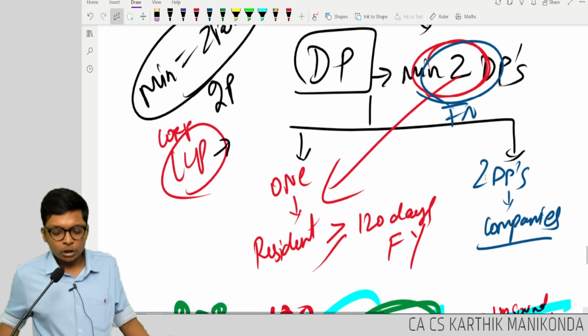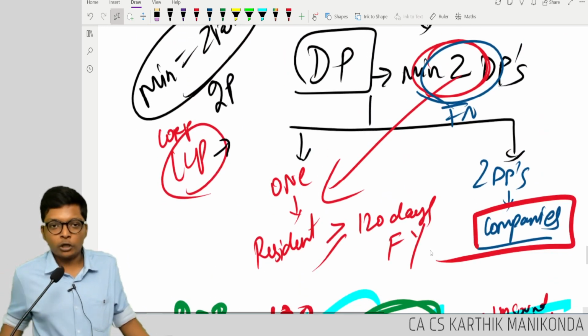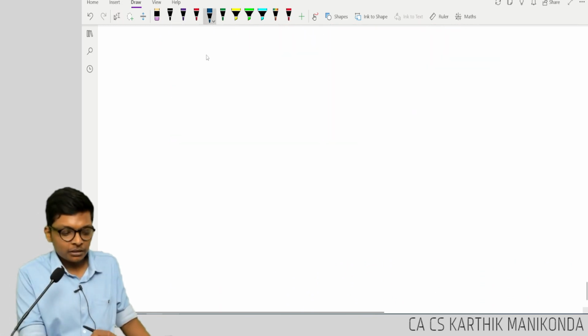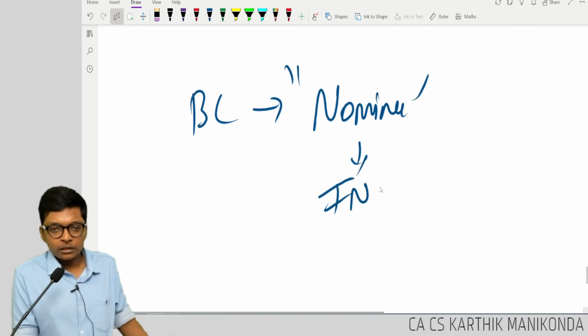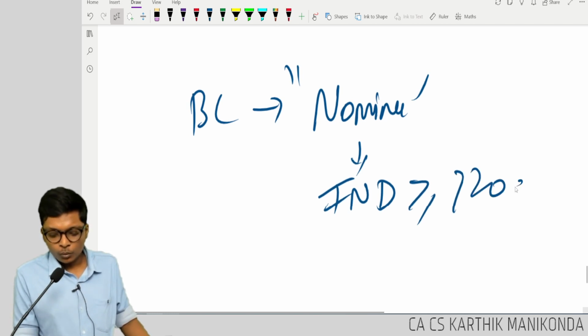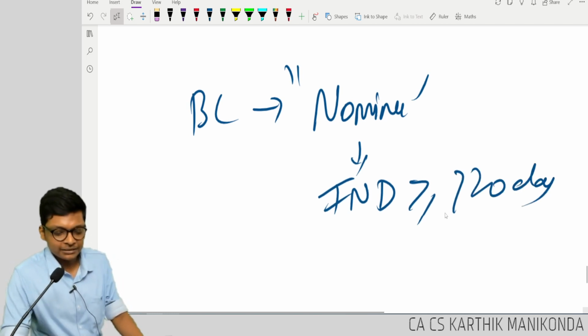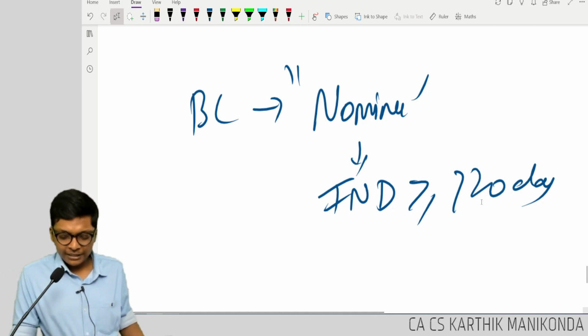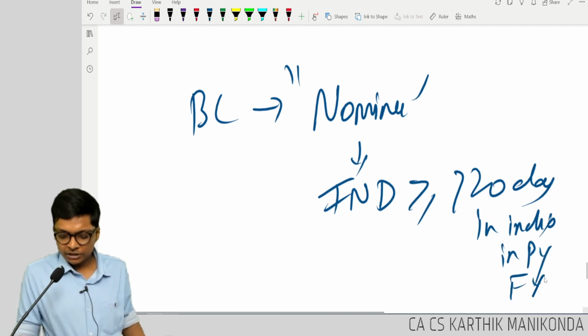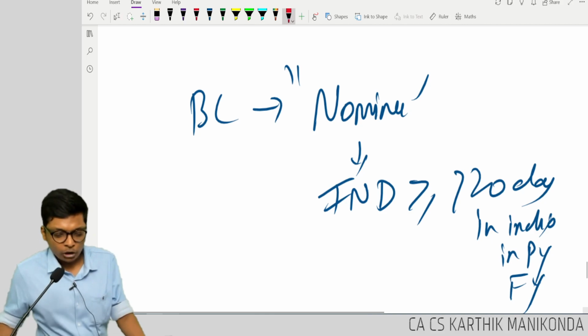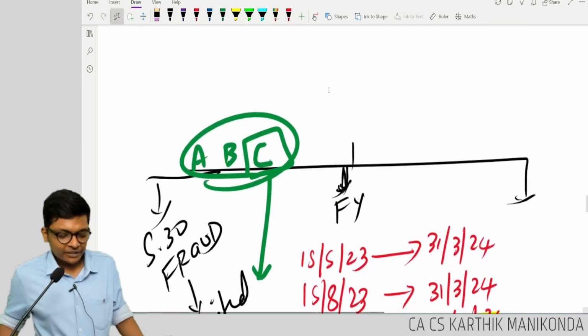That's why, going back to the whole concept, if any company or body corporate is a DP, then such body corporate should appoint a nominee representative who will be an individual who stayed in India for at least 120 days or more in the previous financial year. Are you following, guys? Clear?